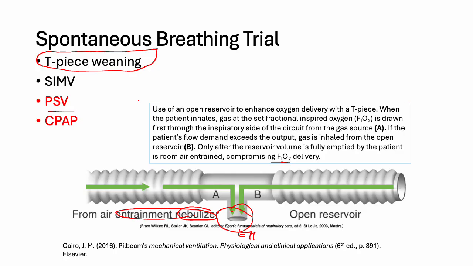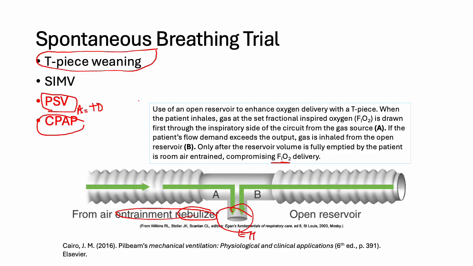Most common is PSV. Okay, sometimes the team, if the patient is on PSV, they may turn off the pressure support. So if pressure support equals 0 with only the PEEP, then that's CPAP.